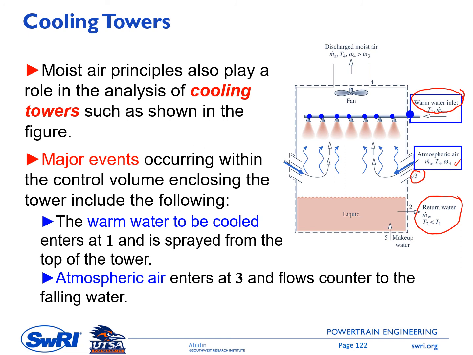To have a better interaction between this atmospheric air and the warm water, you can see in the schematic that the water is introduced into the cooling tower through several injectors, so that it goes down following the pattern of the injectors, forming a spray and generating a lot of water droplets. Therefore, they will have more interaction with atmospheric air.